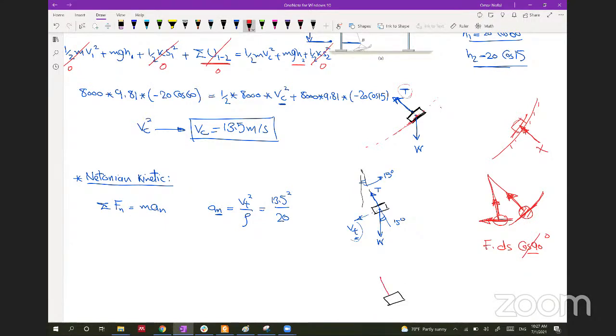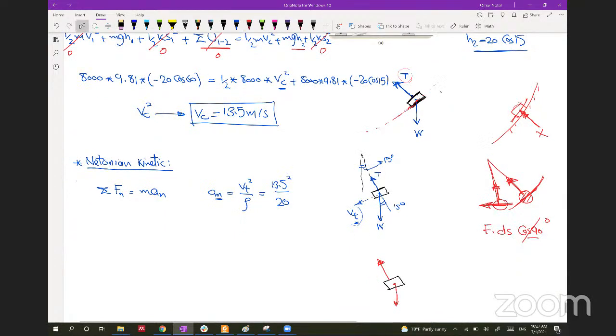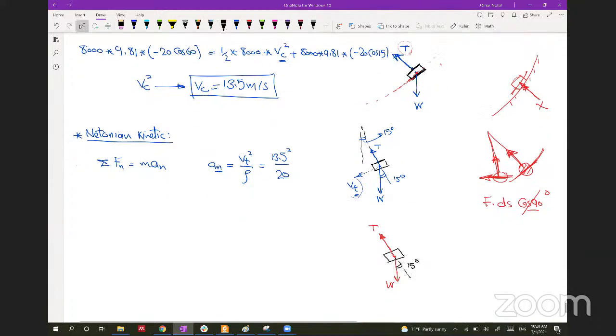We have the tangent, we have the weight, and we know the angle, 15 degree, and this is the free body diagram, and you can do the same thing here to draw so the tangent is always in the direction of the motion.